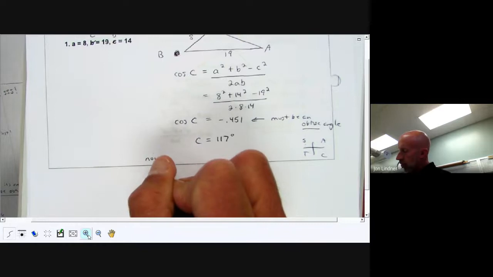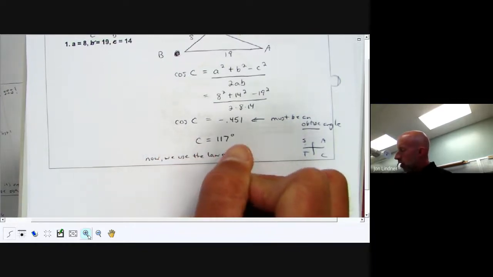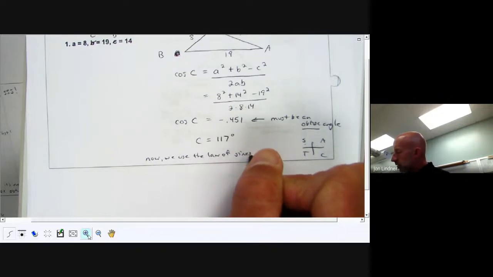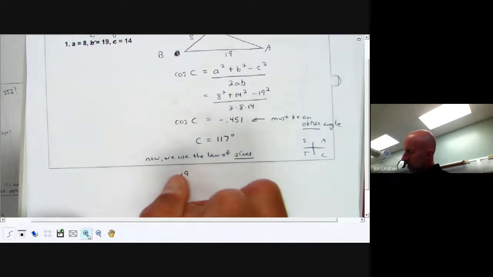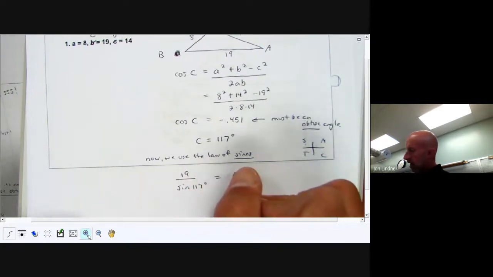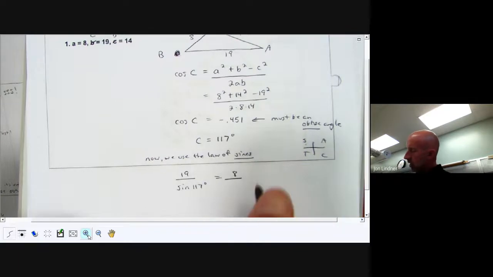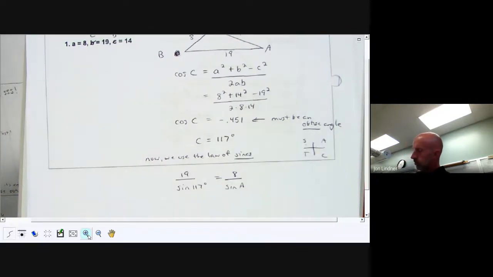So now we use the law of sines to finish. All right. I have that 19 is to the sine of 117 degrees as 8 is to the sine of A. All right.